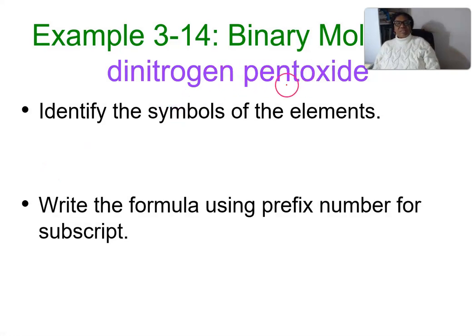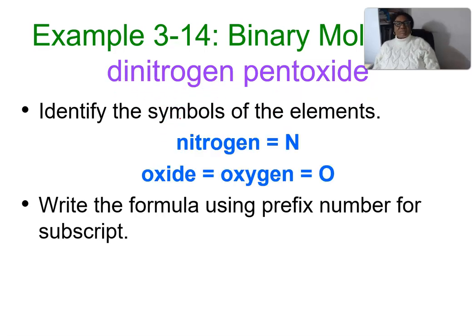So let's take another example. Binary molecular compounds. Now we want the formula from the name. So dinitrogen shows that we have 2 nitrogen. Nitrogen and oxygen, those are the elements present. Write the formula using the prefixes. So di is 2, penta is 5.